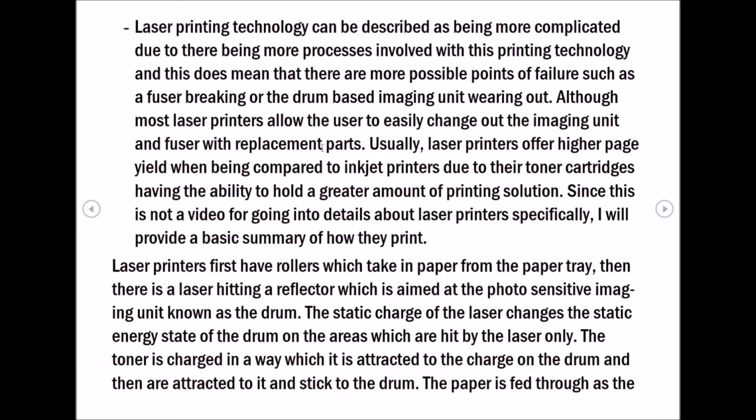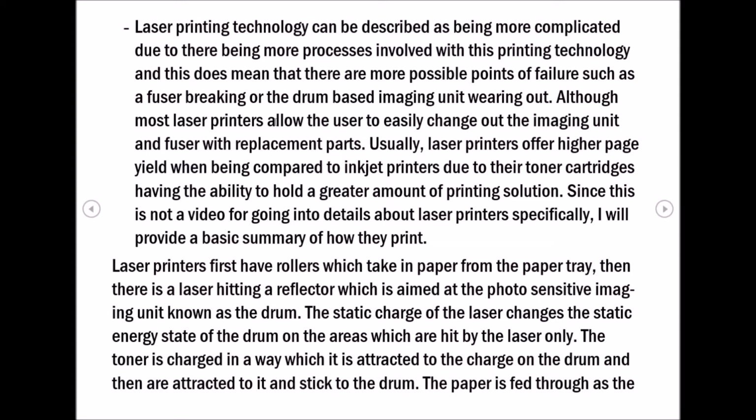Now, how about laser printers? Laser printing technology can be described as more complicated due to there being more processes involved, and this does mean that there are more possible points of failure, such as a fuser breaking or the drum-based imaging unit wearing out.